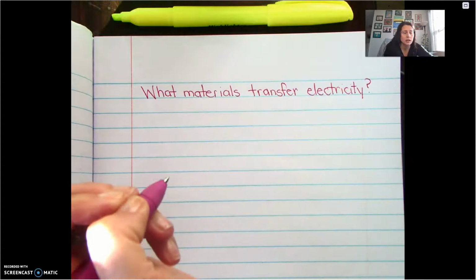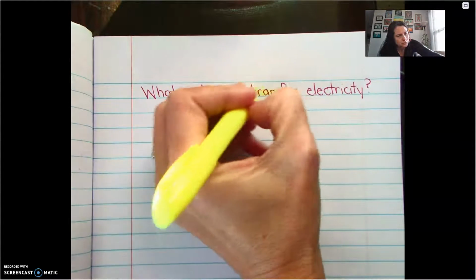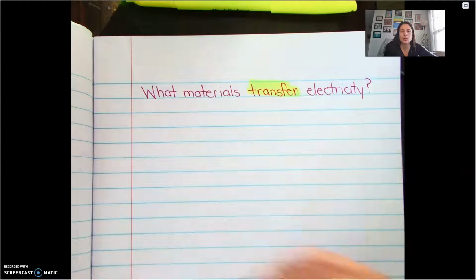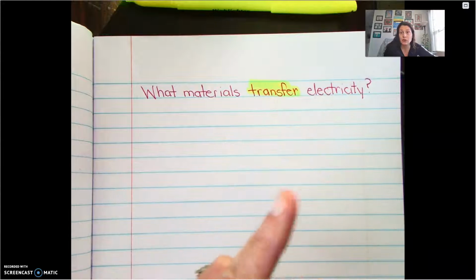Okay, and that's the current. So let's look at this word transfer. When we say the word transfer, we mean that the electricity can flow through it.